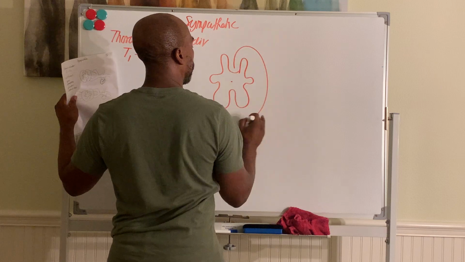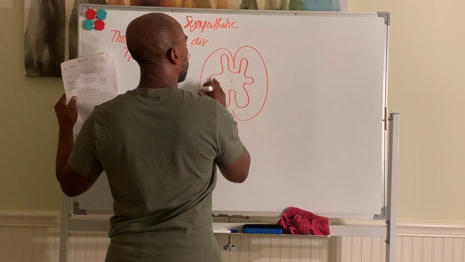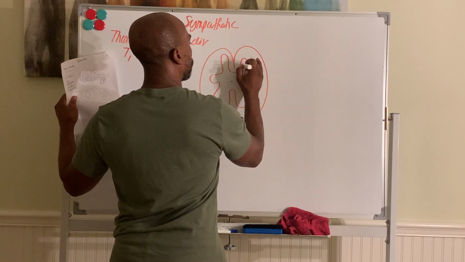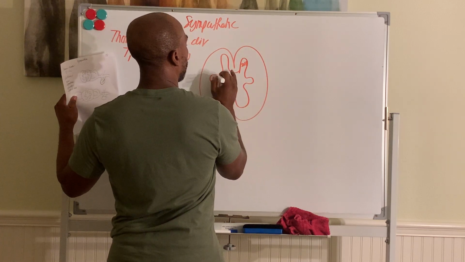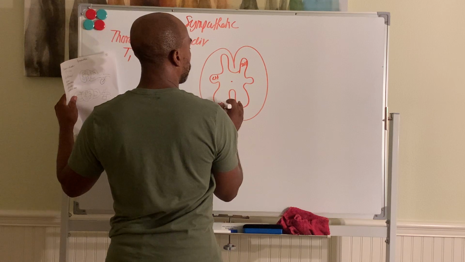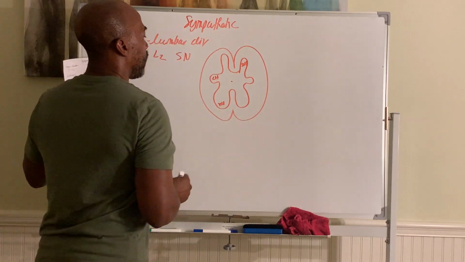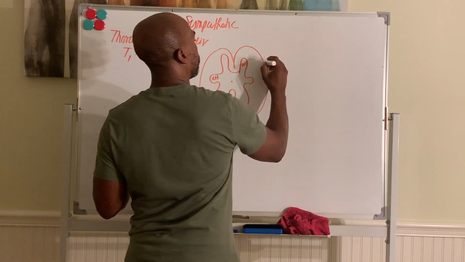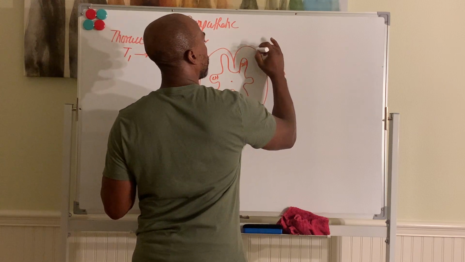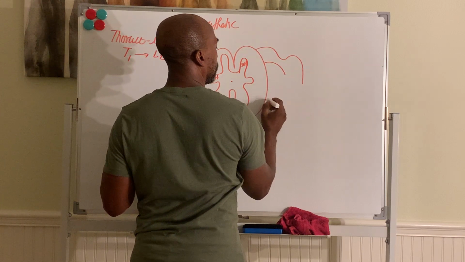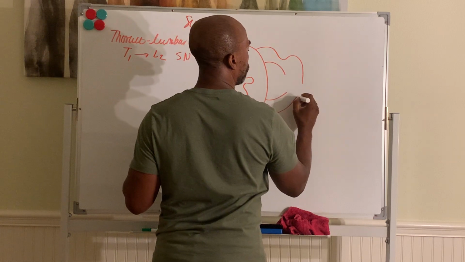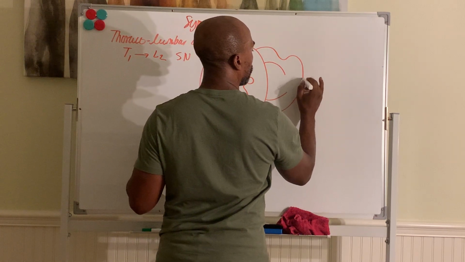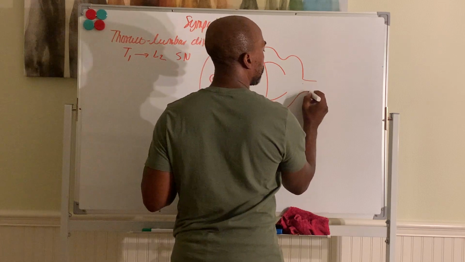All right, so if we were to label things, this is your dorsal horn, your lateral horn, your ventral horn. And of course you have the dorsal root and the ventral root, and they join together to form your spinal nerve here.